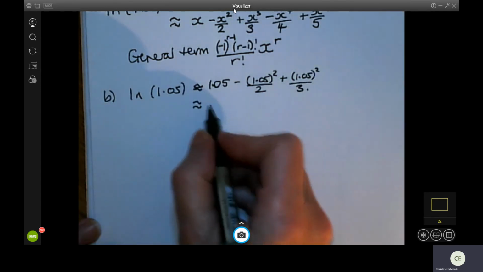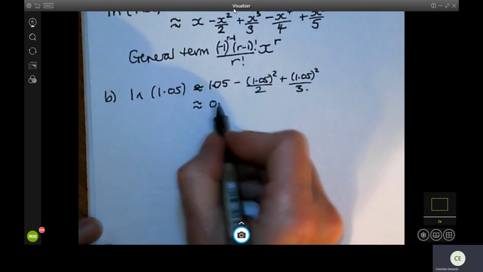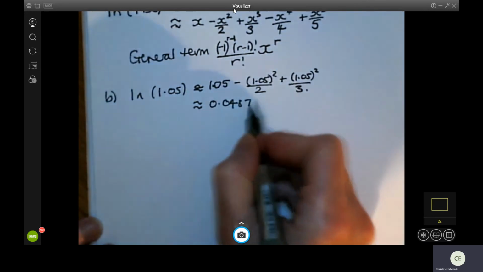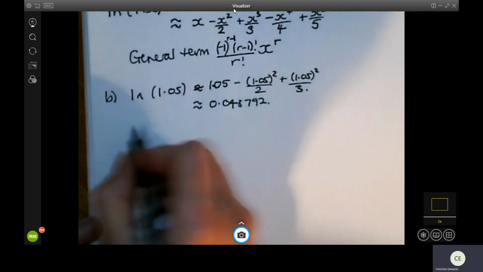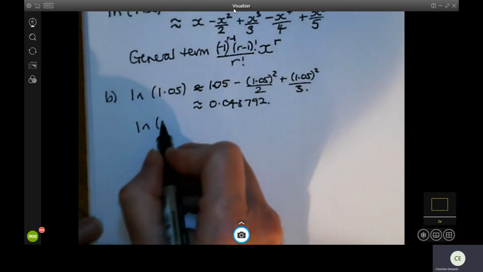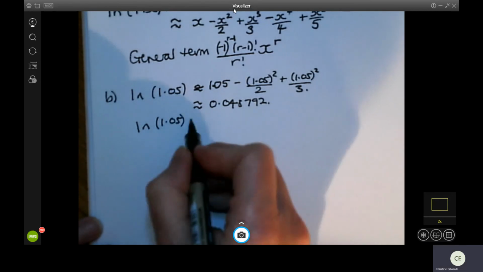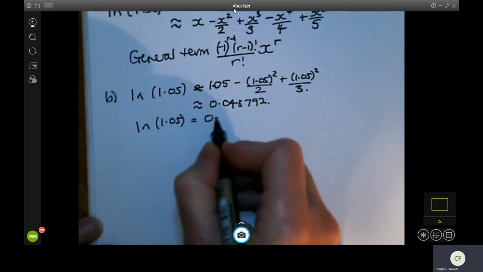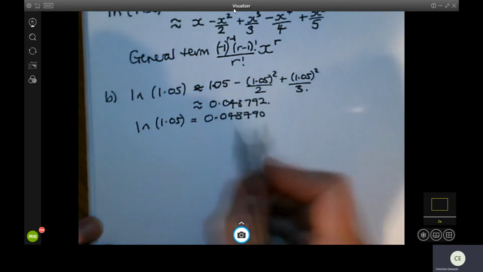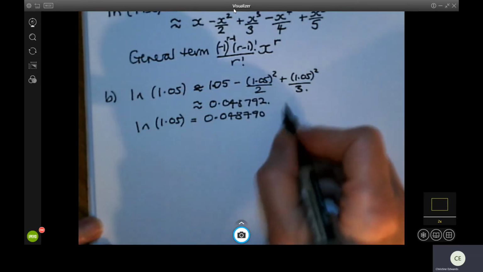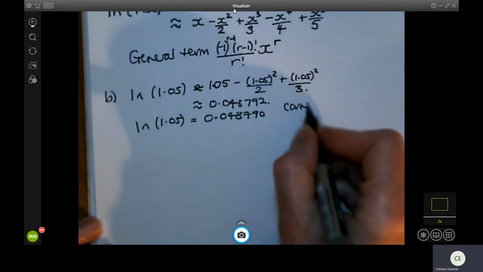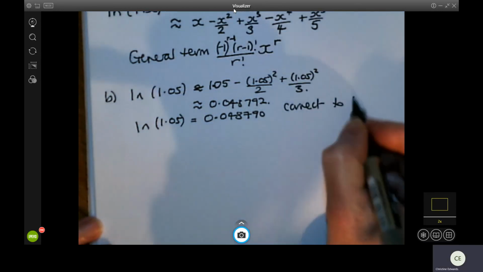That gives me an answer of 0.048792. If I compare that to the actual answer off my calculator, I would get 0.048790. So the approximation is correct to 5 decimal places.